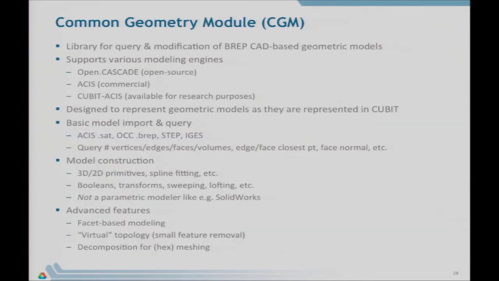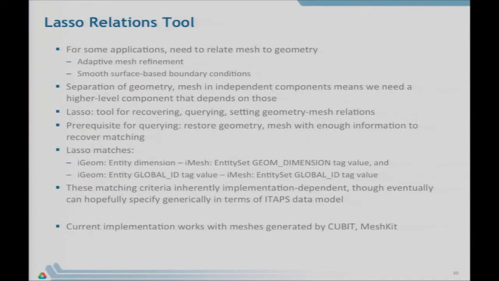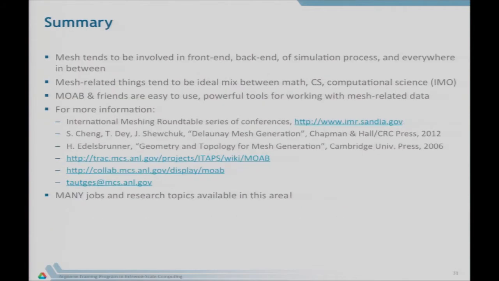There's some information in your slides about CGM, which is the geometry library, and Lasso, which is this relations tool. And finally, to summarize, mesh tends to be involved in most parts of the simulation process. So in practice, you're touching mesh, or you will be when you're working with real applications.